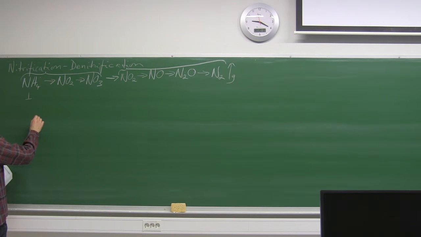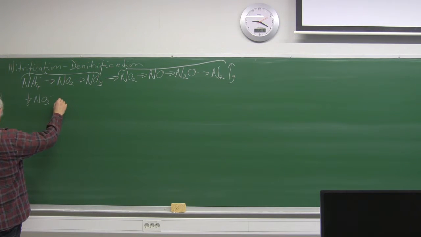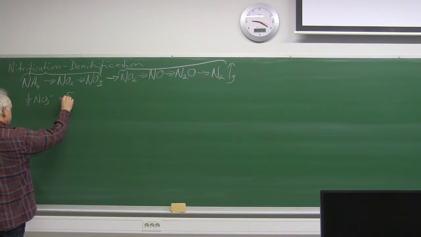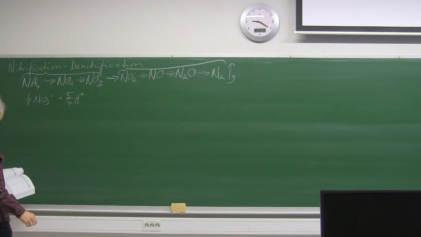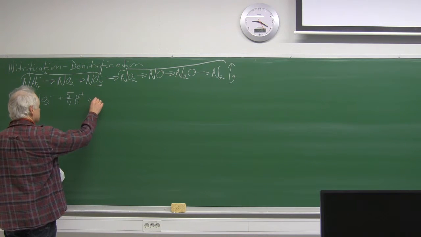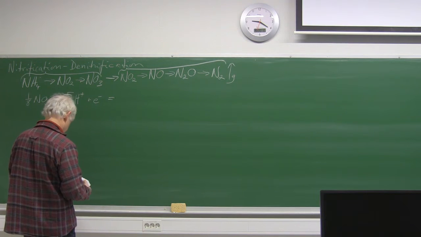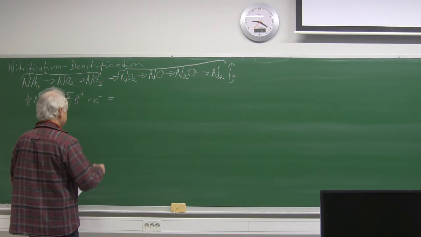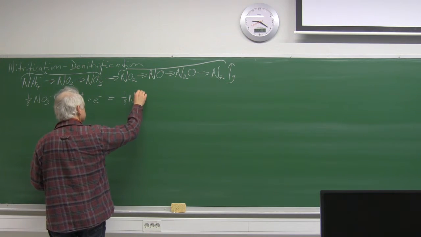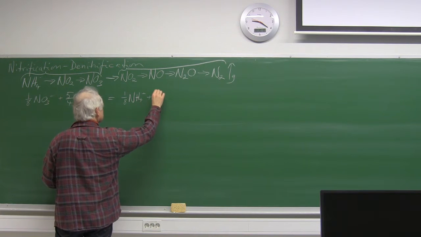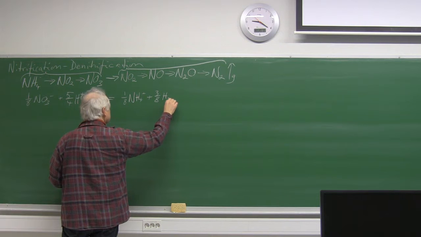1/8 NO3, and there are some protons involved, plus 5/4 H+ plus e- equals 1/8 NH4+ plus 3/8 H2O.